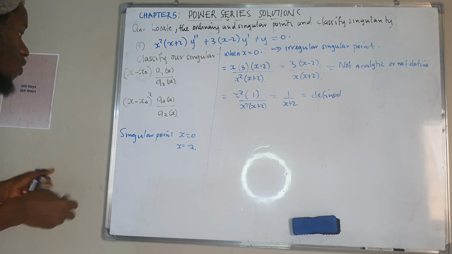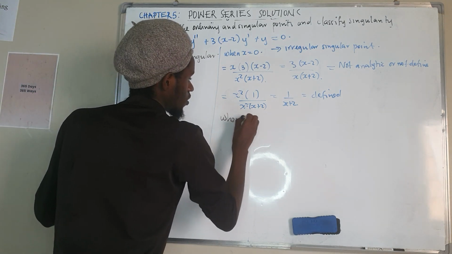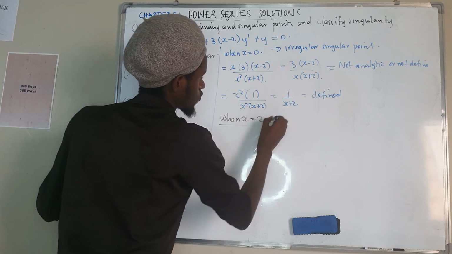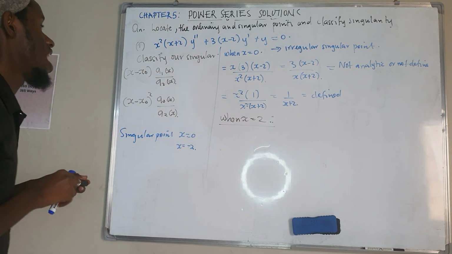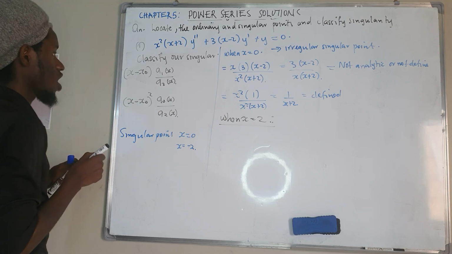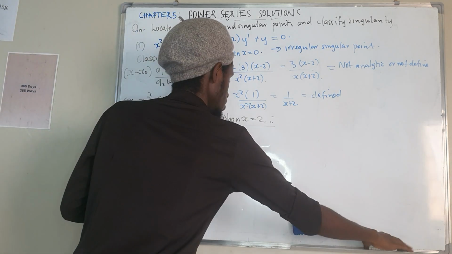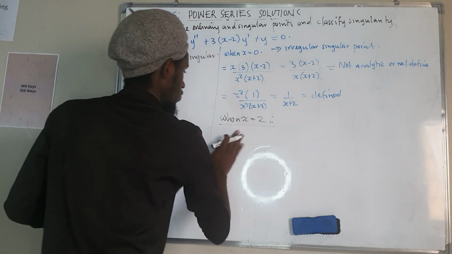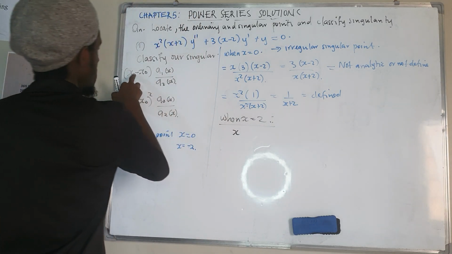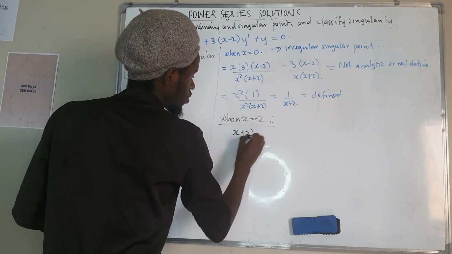Now, if we go for x equals negative 2, I do the same. I first feed into the first function. When x equals negative 2, I have x minus x naught, which is x plus 2.